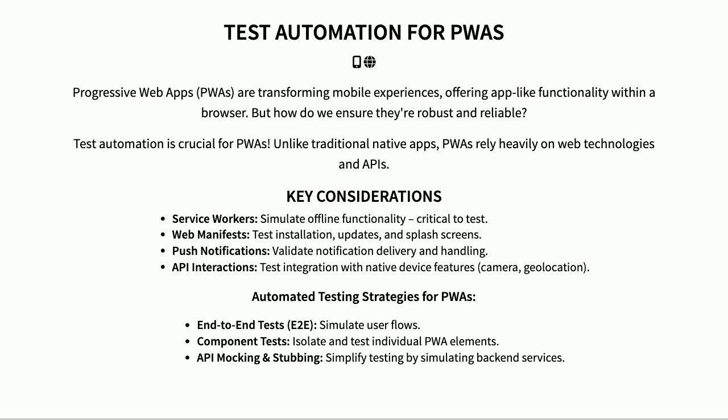We also need to make sure push notifications are working correctly and that the PWA is properly integrating with native device features through APIs. When it comes to actually automating these tests, we often use end-to-end tests to simulate user journeys, component tests to focus on specific elements, and API mocking to avoid complex backend dependencies.